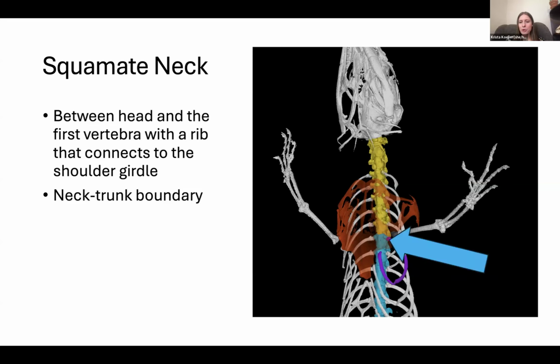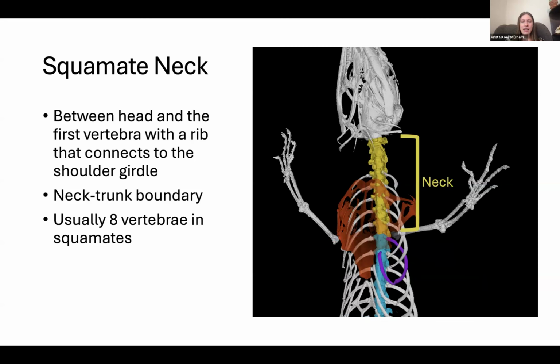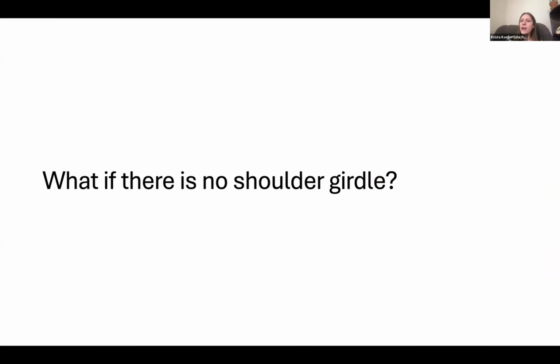So this vertebra that connects to the shoulder girdle is the first trunk vertebra. And anything above that, or in front of that, is the neck. Usually in squamates, that's 8 vertebrae, pretty consistent across clades.